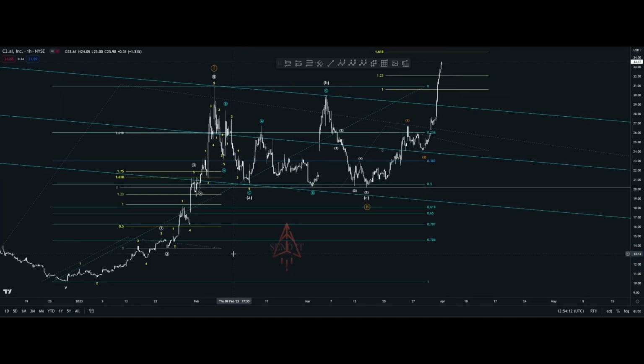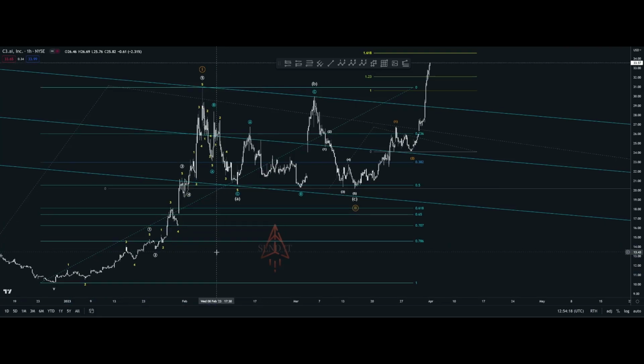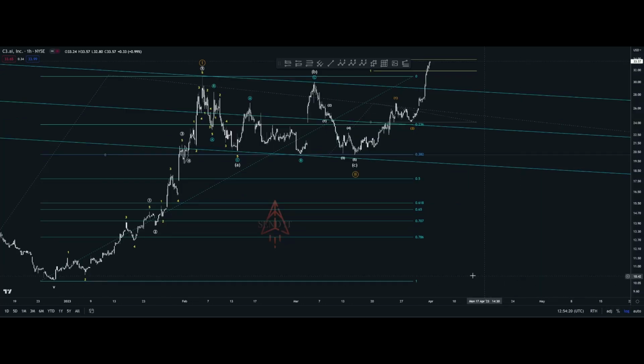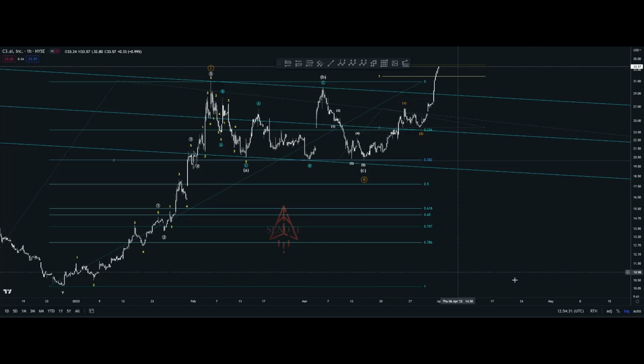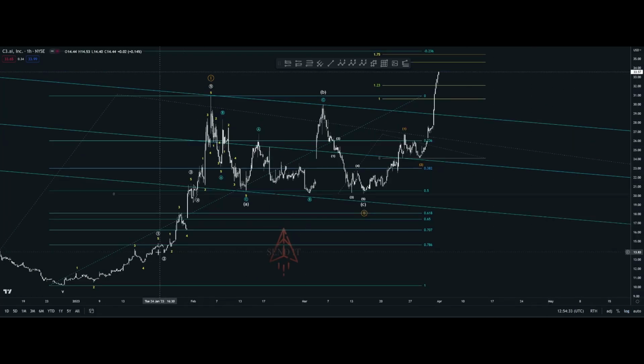I'm gonna show you examples of how to have that in mind as a strong guideline when it comes to third waves. In log scale, this looks a bit different, but still the wave 3 is longer than the wave 1, but net value is more accurate in a linear scale.